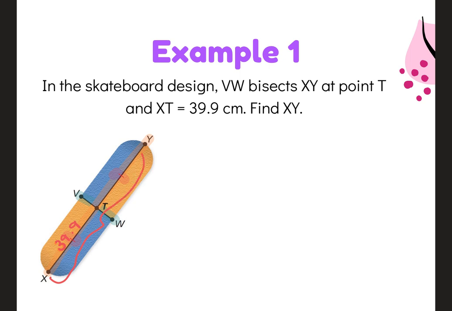XY is the whole segment, so 39.9 is half of it. If I multiply 39.9 by 2, I get 79.8, which would be the segment XY. If it had asked for TY, it would be the 39.9. Obviously, it asked for the whole thing, which is why we doubled it.